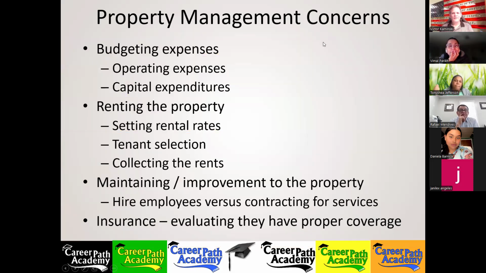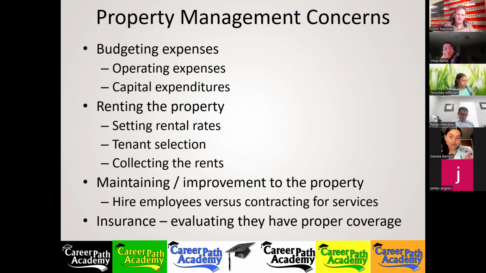So, like I said on that previous slide, property managers could be tasked with budgeting expenses, the operating expenditures and capital expenditures, renting the property by setting the rental rates, selecting tenants and collecting the rents from them, maintaining and improving the property, hiring employees or independent contractors, legally binding them to the property owner, not the management company, and evaluating the insurance that the owner has on the property to make sure they have proper coverages.